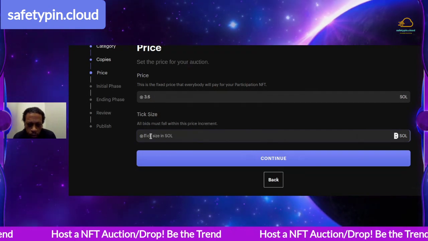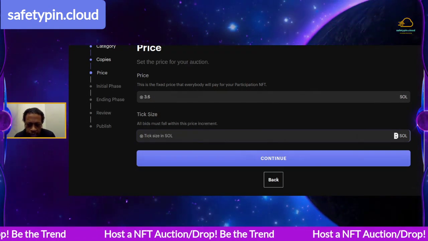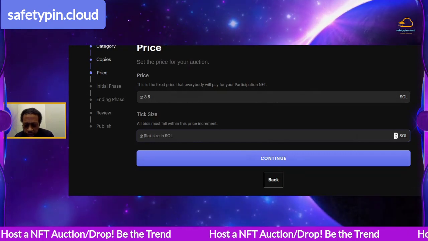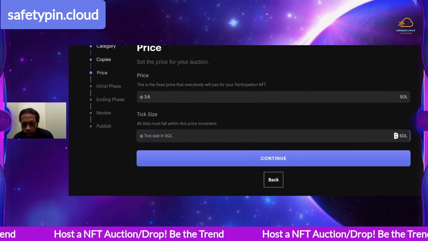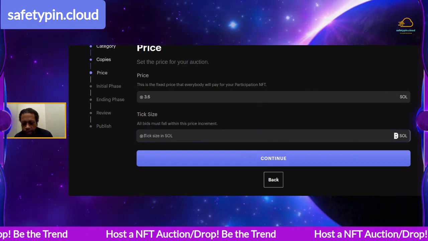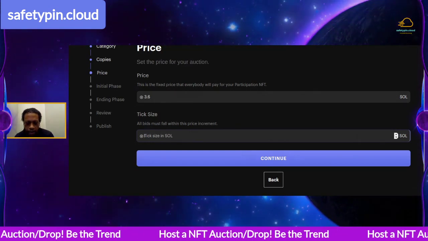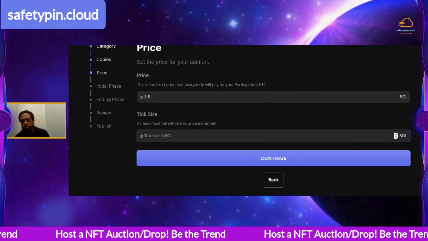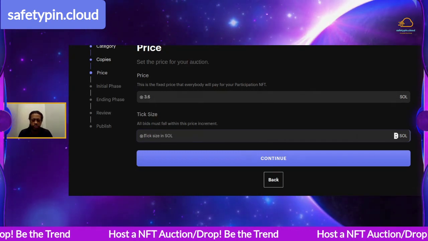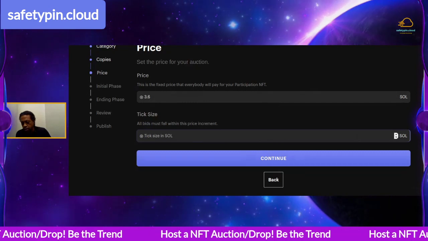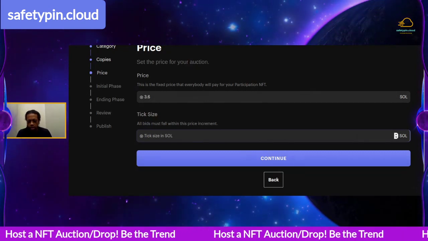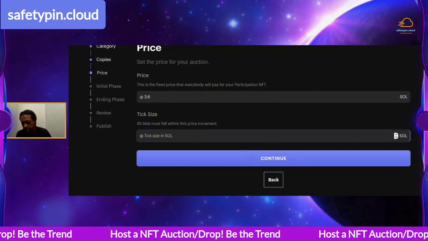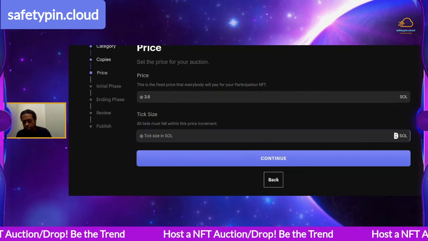So what happens is, at the end of, when somebody purchases it, it will be extended minutes to the auction, so somebody else can make a bid. And we have to put a tick percentage in here. So when the next person makes a bid, how much larger should that bid be above the original bid? So if somebody makes a bid, they want to extend it some time, they have to make a bid. I'm going to put it at 2%.